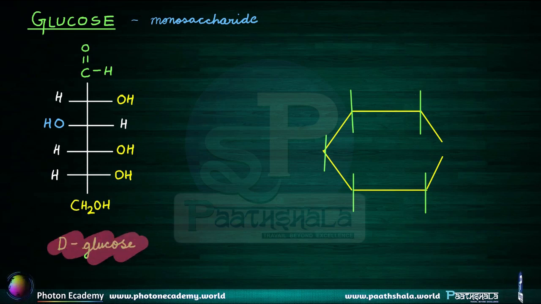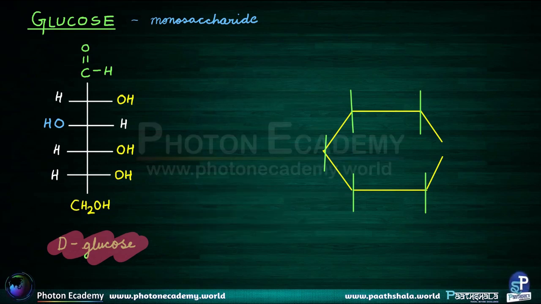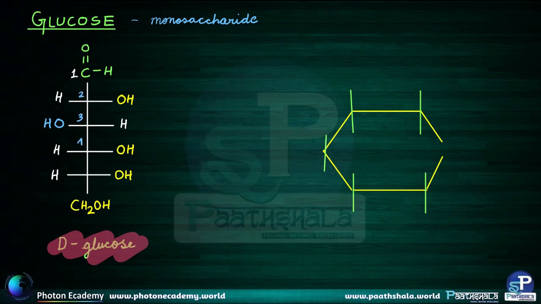Next, let us first mark all the carbon atoms that this one has in a straight chain. So I start from here and I call this one, then I go down and I call this second, the third, the fourth, the fifth. I stop here. Why did I stop here?